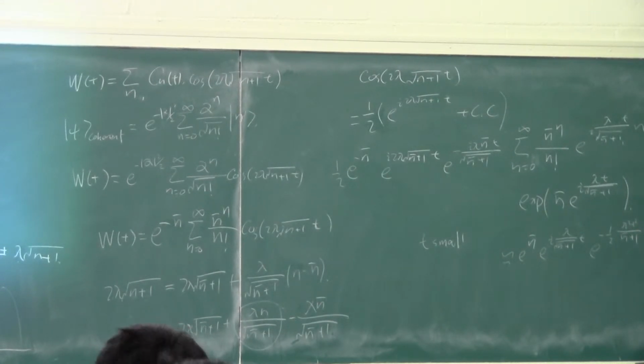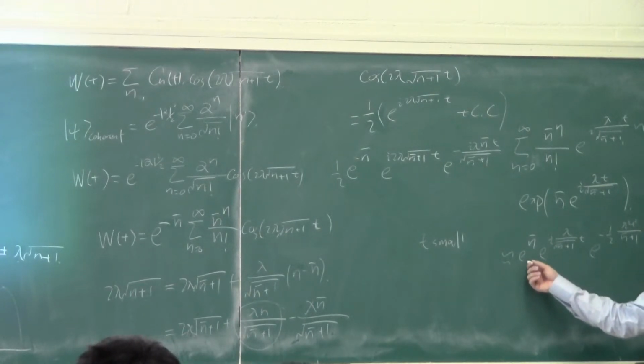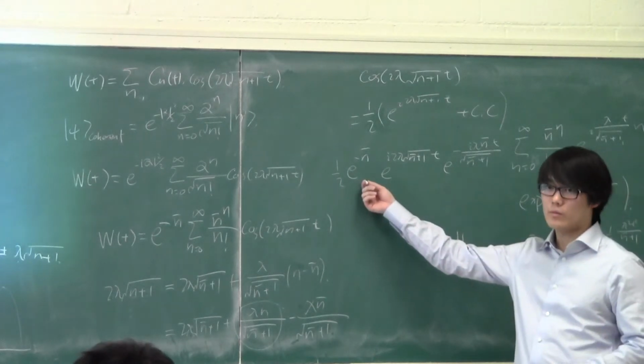Something like this. Did I make a mistake? No, this is right. So now what we can do is take this n bar factor. This is going to cancel this n bar minus thing.